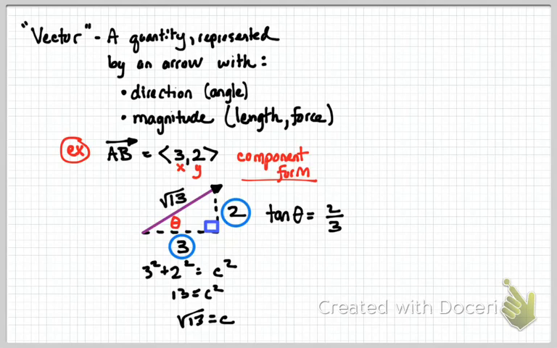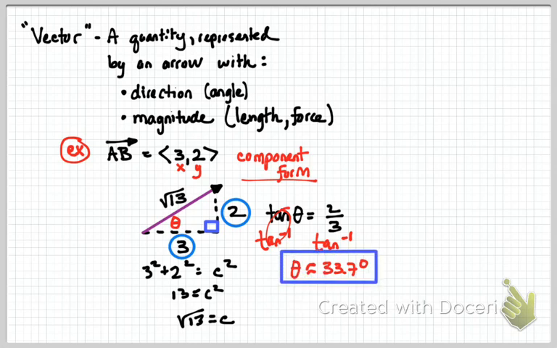Tan inverse. Tan negative 1. So take tan negative 1 on both sides. If we're dealing with triangles, what mode do you need to be in? Radians or degrees? Degrees. All right. Who's got an angle measure for me? 33.7 degrees. Make sure you type that in your calculator so you get the same thing.